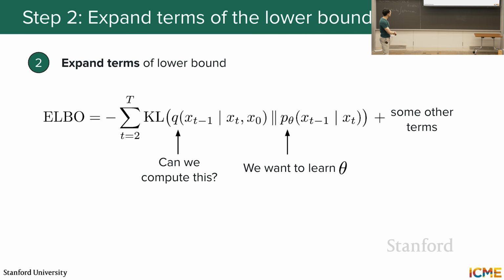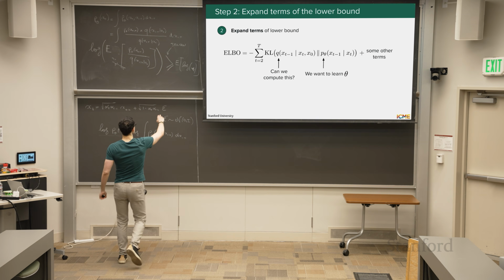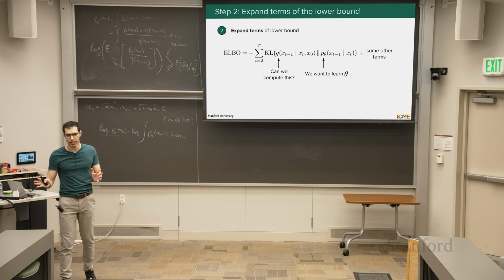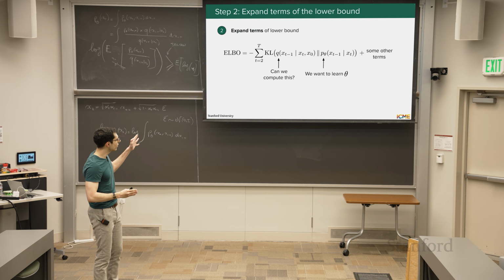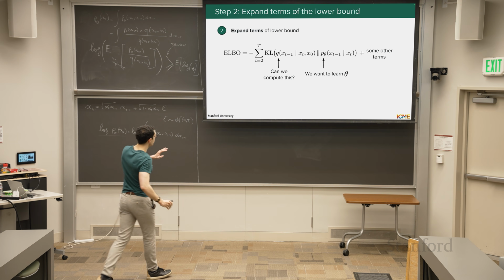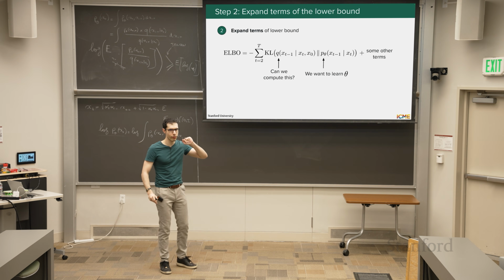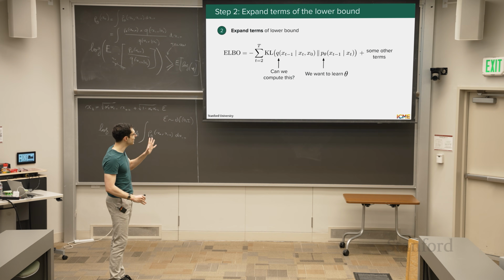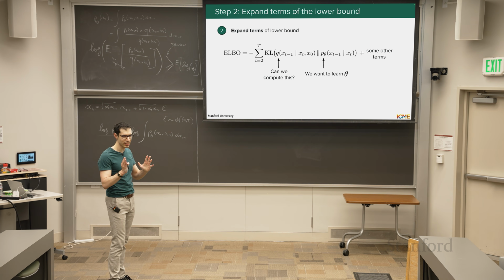OK, so given that, we can prove that the ELBO term that we saw, this lower bound here, can actually be expressed with some terms that we don't really care about and are going to ignore, plus a term here, which is the KL divergence of Q of xt minus 1 given xt and x0.